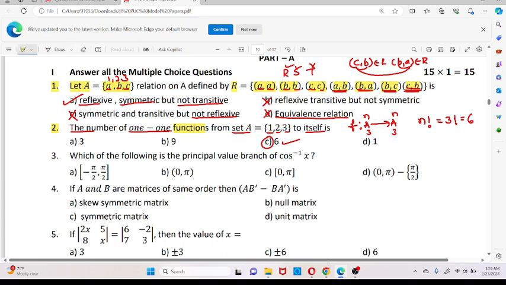Let me go with the third one from the chapter inverse trigonometric functions. As I told you, the third question will always be an easy, direct one. Which of the following is the principal branch value of cos inverse of x? The principal branch value of cos inverse of x, as we know, is the closed interval 0 to pi.